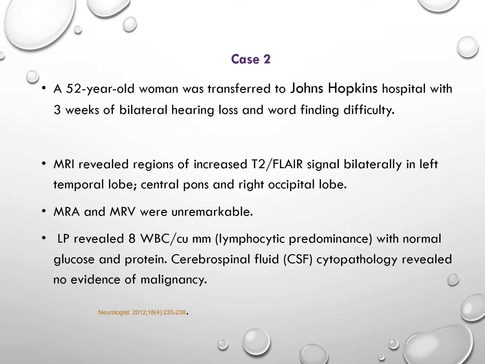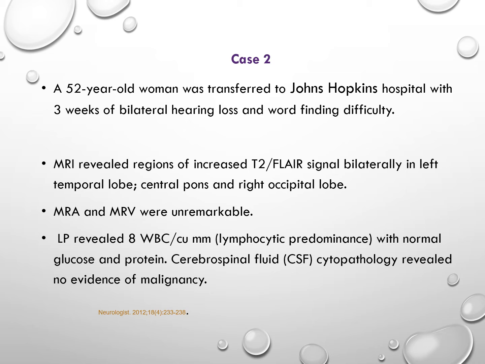The second case is another lady, a 52-year-old female patient, who had bilateral hearing loss and word finding difficulty. The MRI revealed regions of increased T2 FLAIR signal in the left temporal lobe as well as the right occipital lobe.